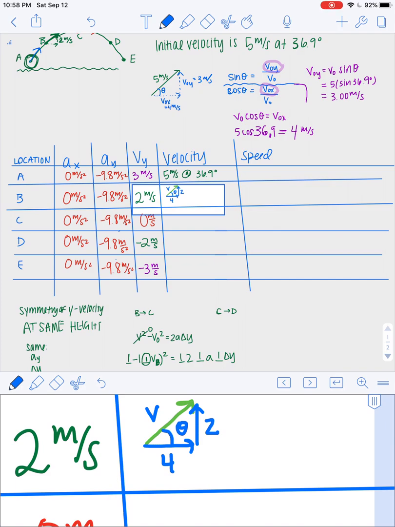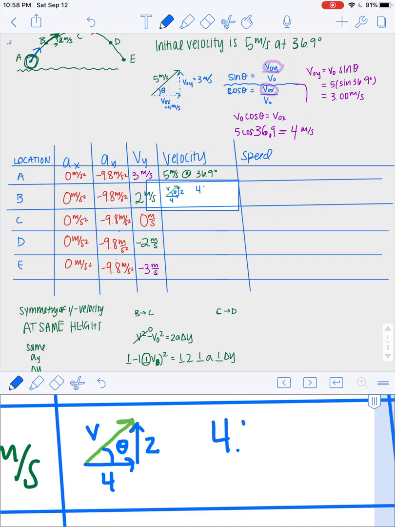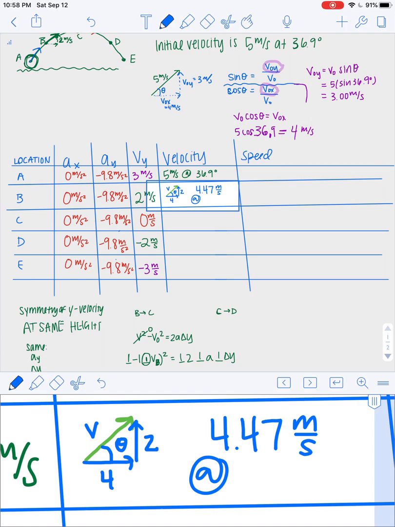So v can be found using the Pythagorean theorem, a squared plus b squared is equal to c squared. So if we do 2 squared plus 4 squared, and then take the square root of that, we get about 4.47, but we are not done yet because we need to find theta. And theta can be found by using the tangent.